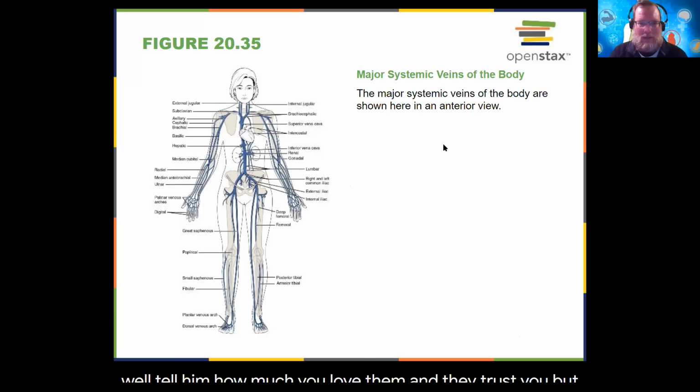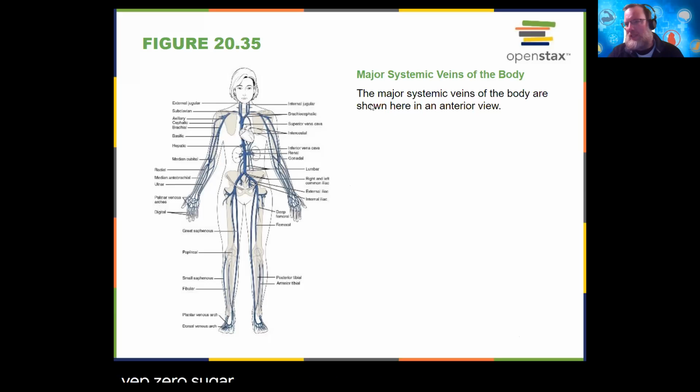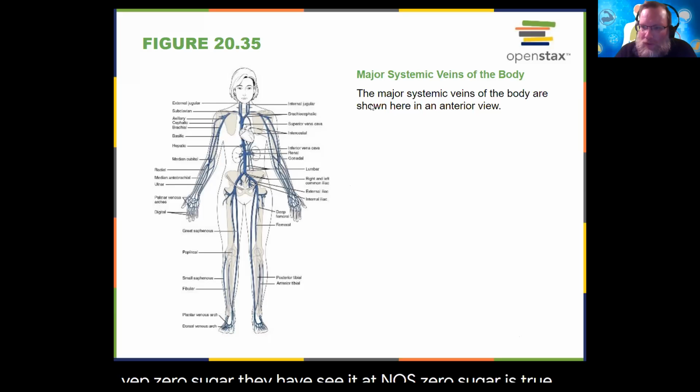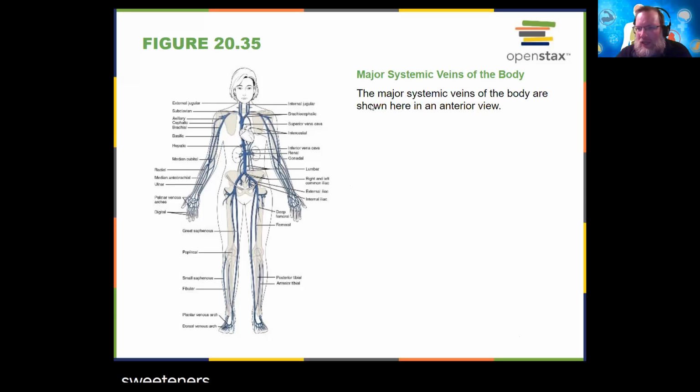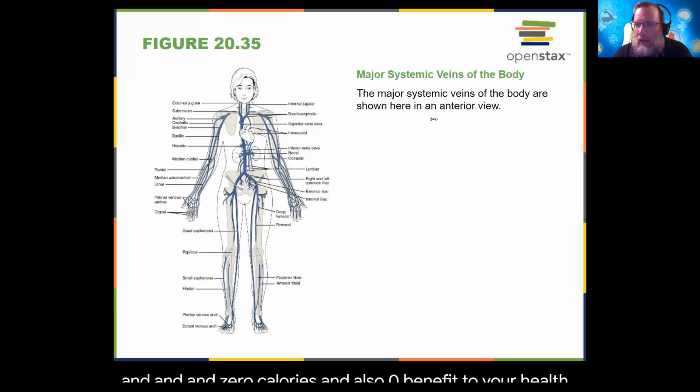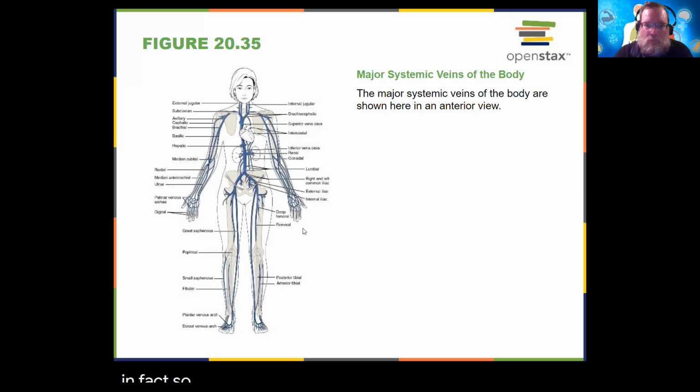But yep, zero sugar. I know zero sugar is true. There's no sugar, but the aspartame is the artificial sweetener that gives it that. It's like 300 to 600 times sweeter than regular cane sugar. So yeah, zero sugar, and zero calories, and also zero benefit to your health. In fact, it's probably negative.